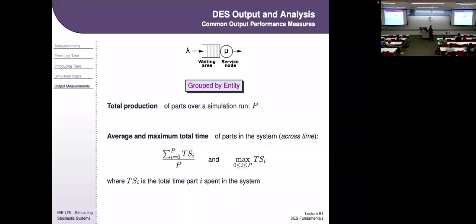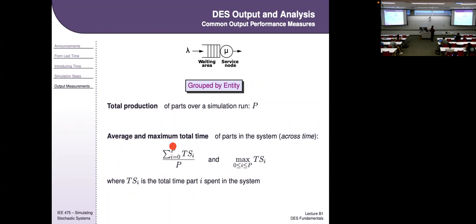And we often gather statistics on all three of those. What I mean by that is, grouped by entity, after a simulation runs I can ask how many entities made it through the sim. So what's the total production? Or I can say, of all the entities that made it through the sim, what is the average amount of time they spent in the sim, which includes the time they spent in servers, as well as waiting for servers.